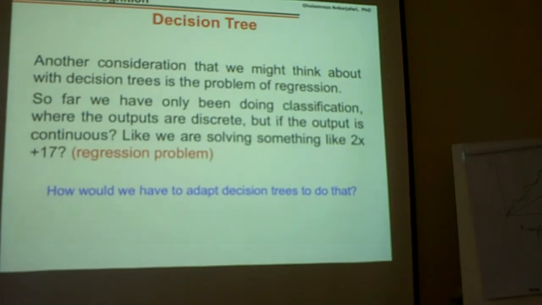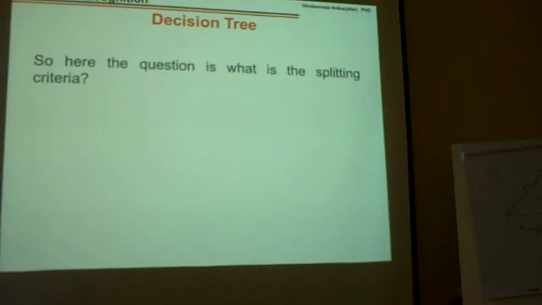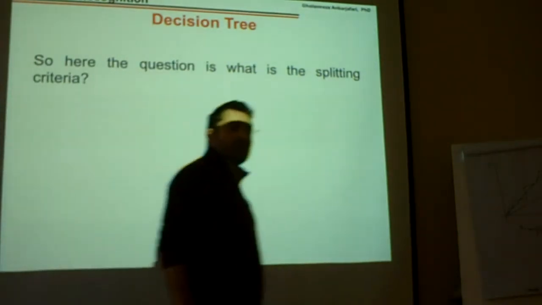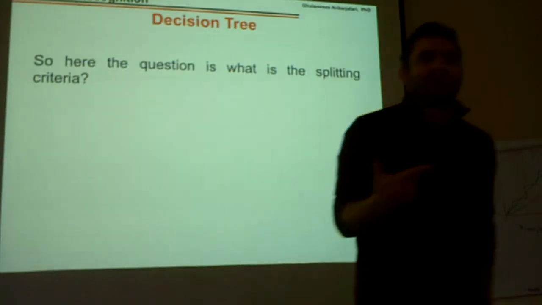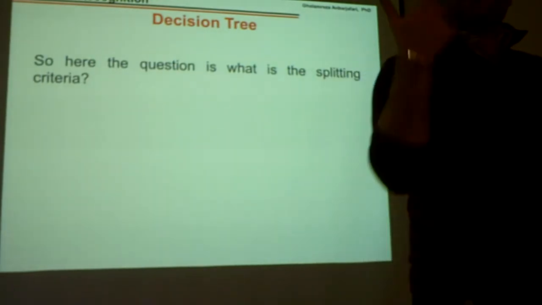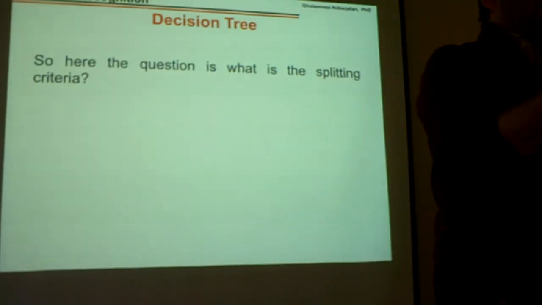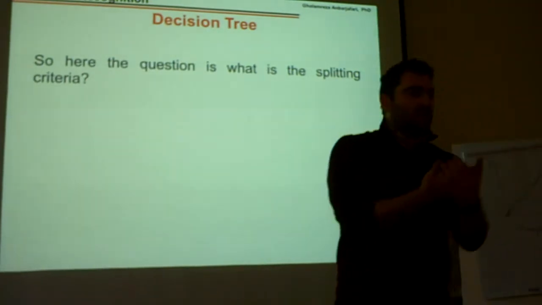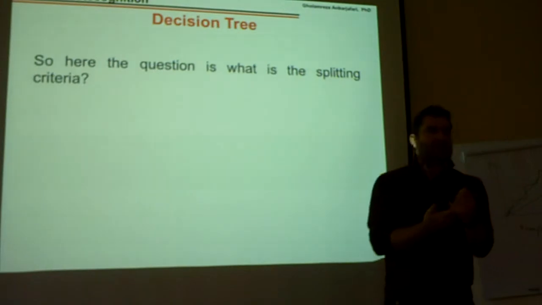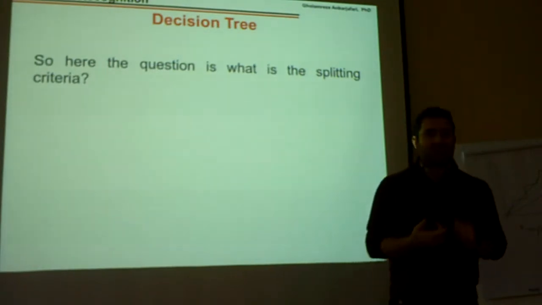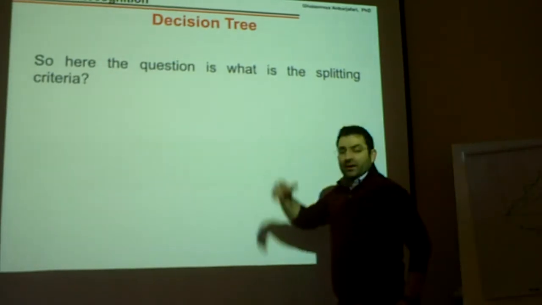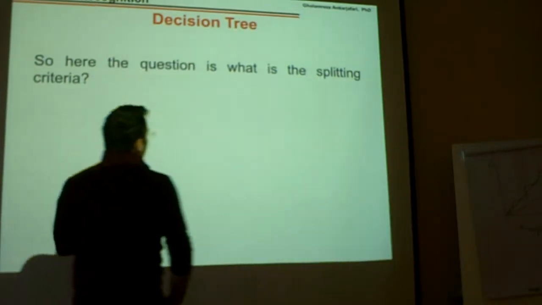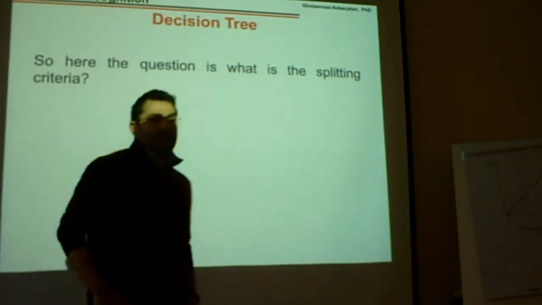So the question is what will happen if the output is continuous? If the output was discrete, maximum gain or entropy was pretty good, right? It's because it was yes or no, I could see, and if it reduced the entropy, it was very good. Now, here, the question is what is the splitting criteria?